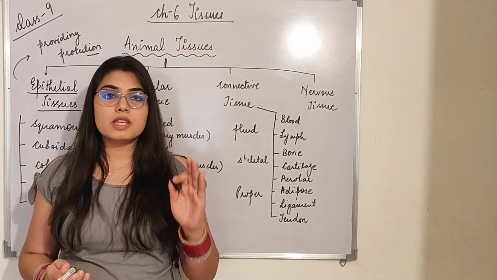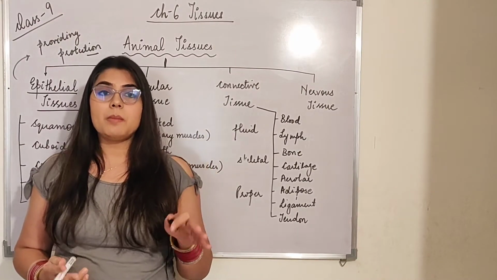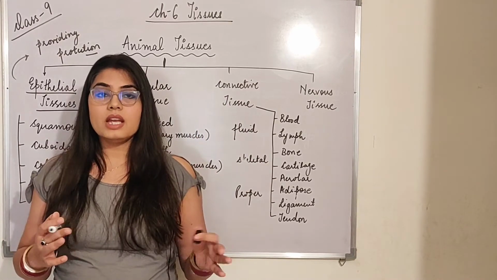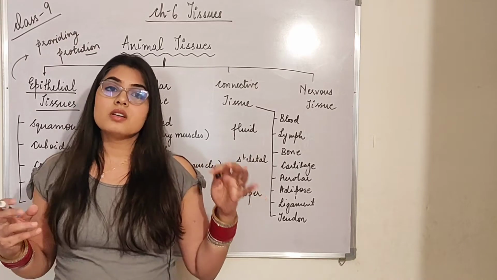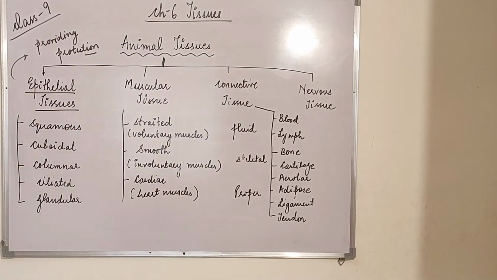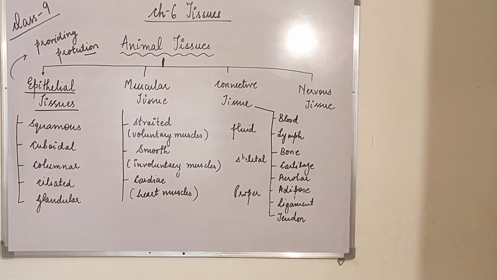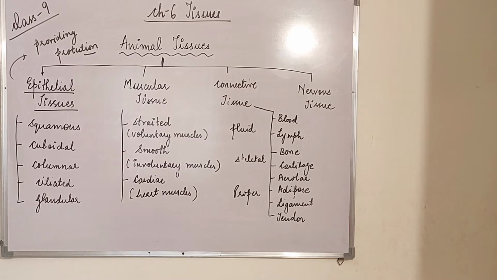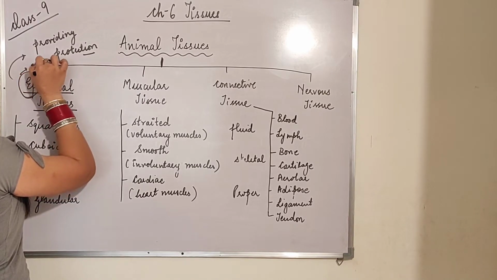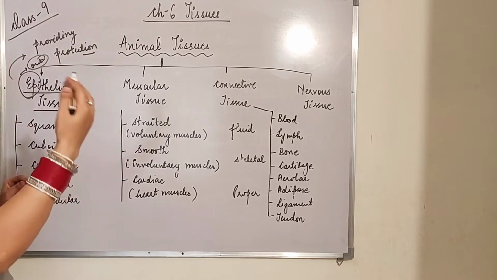They are basically forming the outer cover. It is basically protecting the tissues. That is the protection function. So these are the basic functions of the epithelial tissue. They provide protection on the outside portion. Epi means outside.